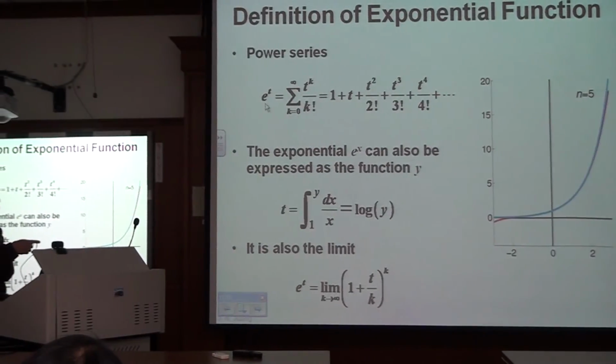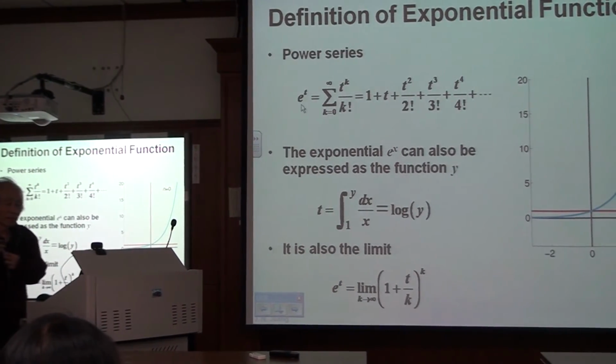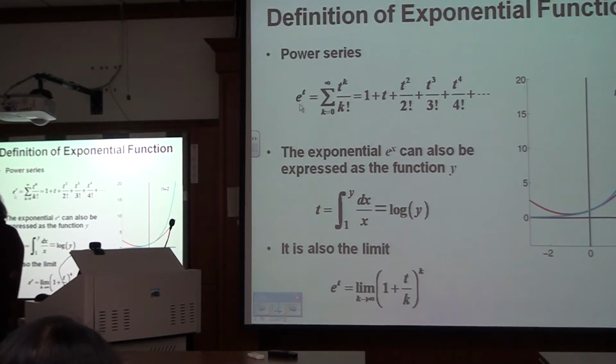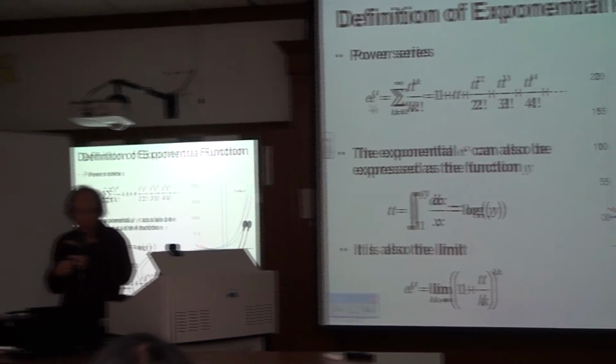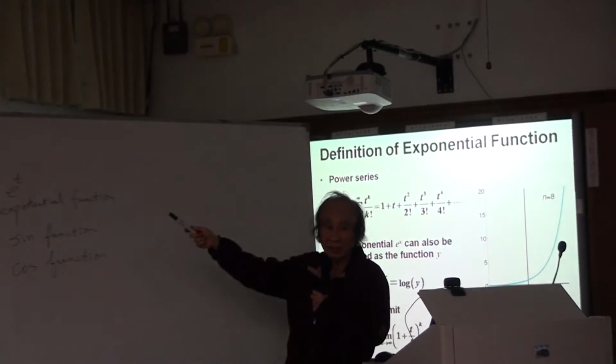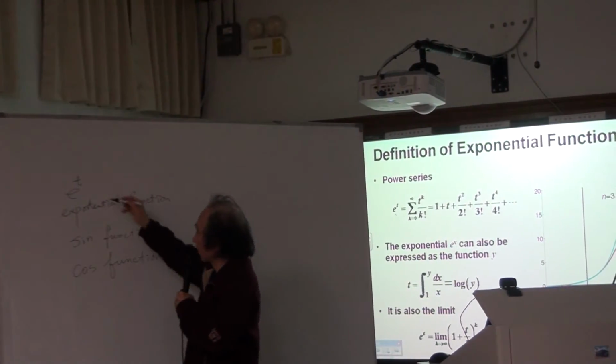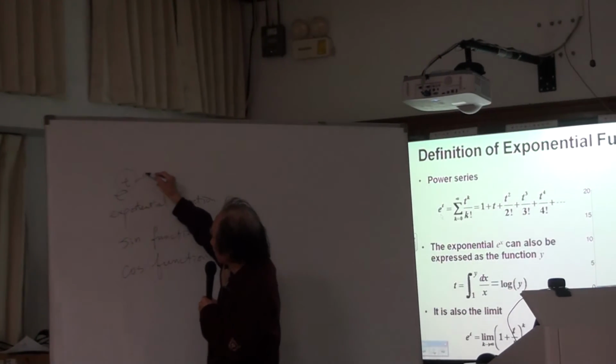The reason I give you this exponential t is that later on I will show you what happens if t is not a scalar. Now in e^t, this t is a scalar.